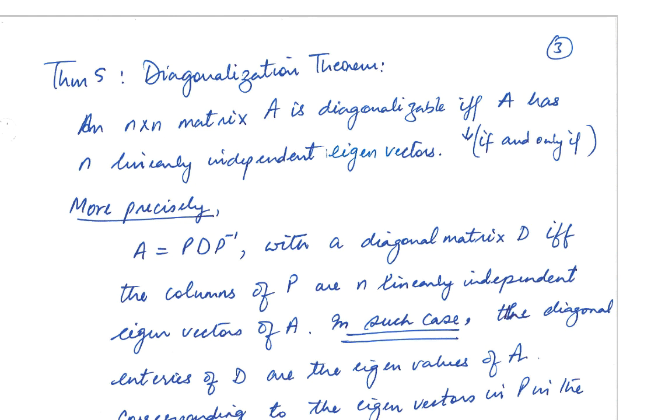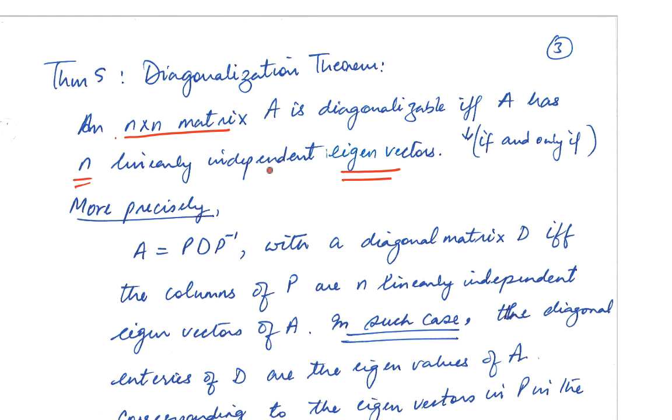If it is diagonalizable, we have to prove certain things. One of the biggest theorems here is that a square matrix is diagonalizable if and only if A has n linearly independent eigenvectors. Look at the fact that the size of the matrix also has a very important role. I have a size n. Then if it is diagonalizable, it has a connection to eigenvectors, and the number of eigenvectors has to be exactly the same as the size.